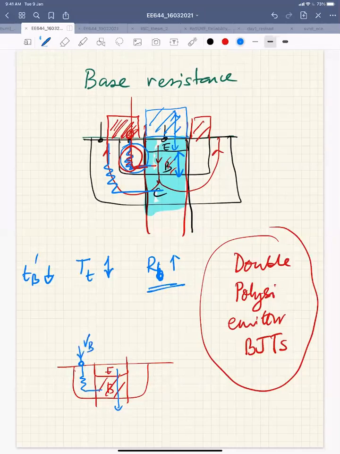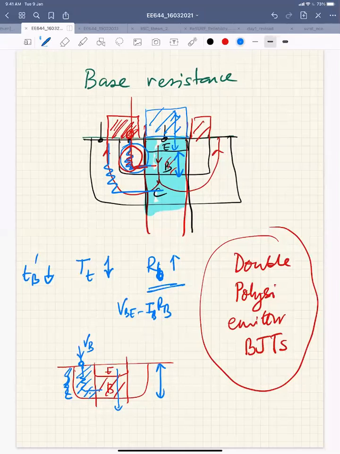There is this extrinsic part, which is not taking part in the device operation, but it has a finite resistance, so the actual voltage reaching the junction is VB minus IB times RB. And this RB depends on the thickness of this region. If you reduce this thickness, your RB will also increase, right? Yes, sir.